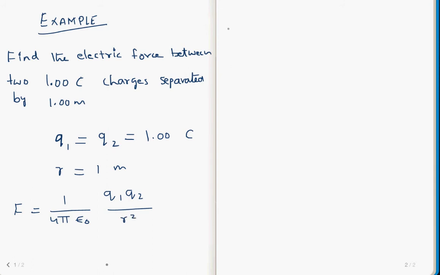We can substitute the values of Q1 and Q2, and 1 by 4 pi epsilon 0 can be conveniently written as 8.99 times 10 to the power 9, and the two charges are 1 times 1 divided by 1 squared.